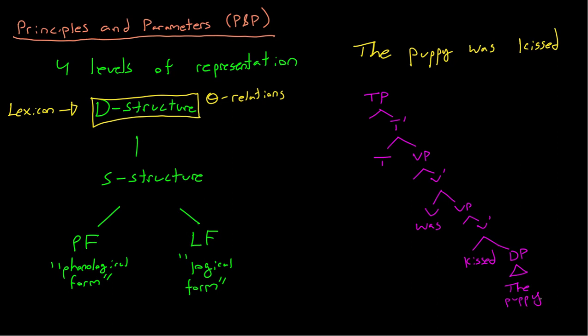We know that the determiner phrase, the puppy, is base generated as a complement to the verb kissed, because this is where the thematic role of theme is assigned. I should also indicate here that our tense is null, passive. Okay, so that's D structure.